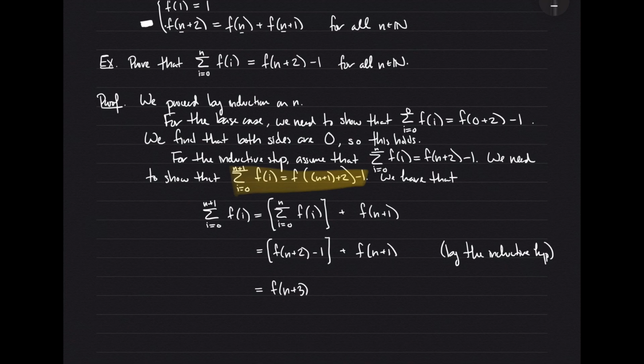So we know that f of n plus 3 equals f of n plus 2 plus f of n plus 1. That's the whole point. And we still have this minus 1 hanging out there. So we can say here, by the definition of f of n plus 3. And this is exactly what we wanted.